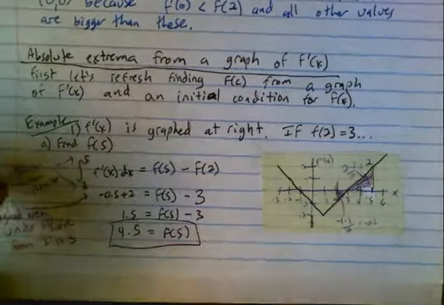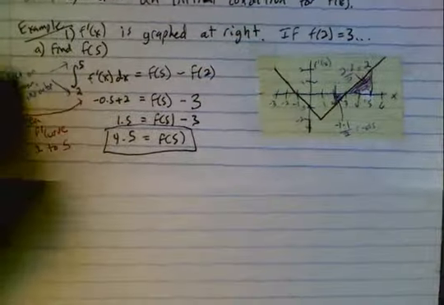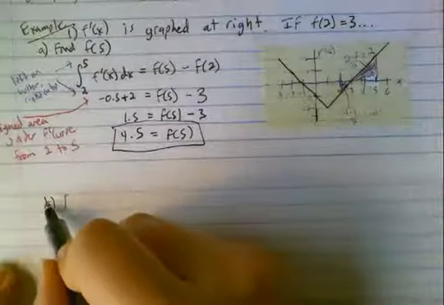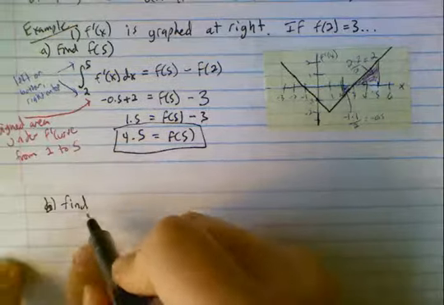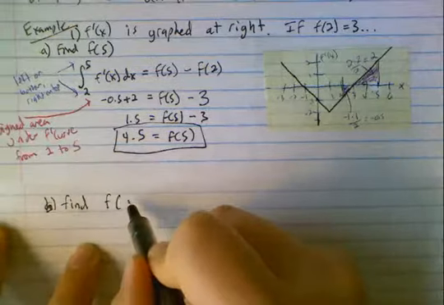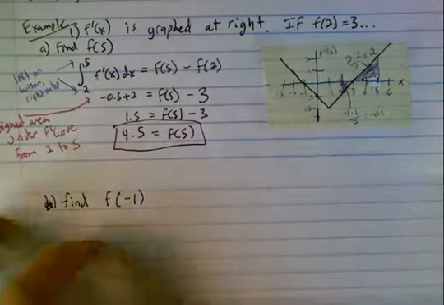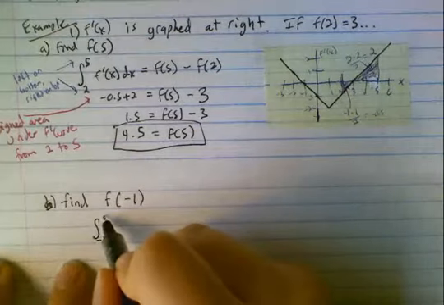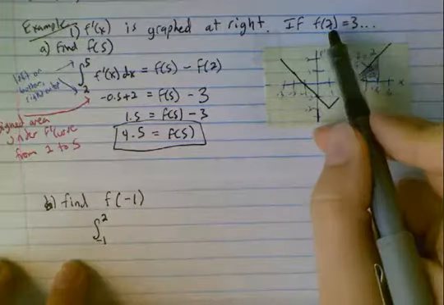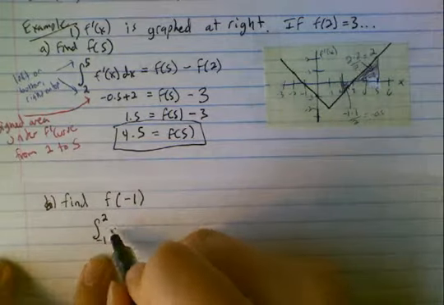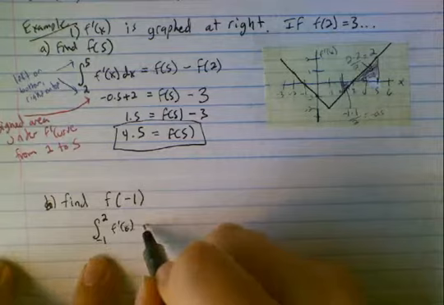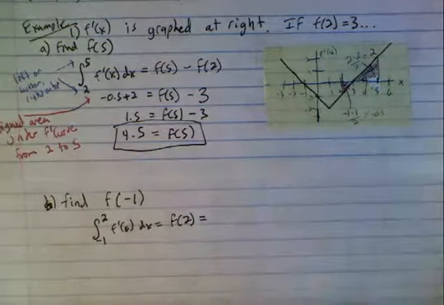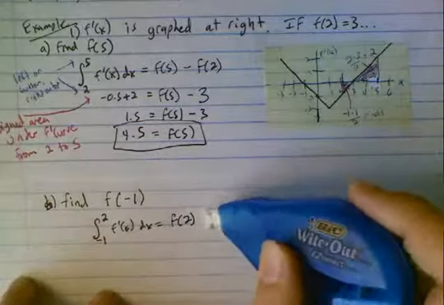We can also do the same thing if we wanted to find, say, this is part B, find f of negative 1. Other than that, the problem's the same. Well, we know the integral from negative 1 to 2 of f prime of x is f of 2, which we know, minus f of negative 1, which is what we want to know.